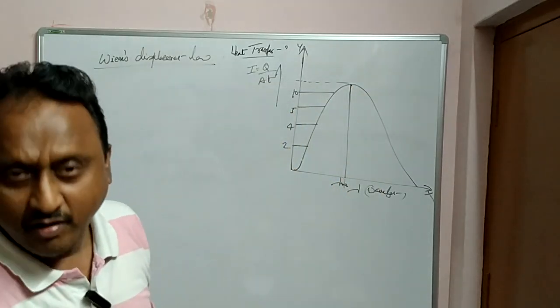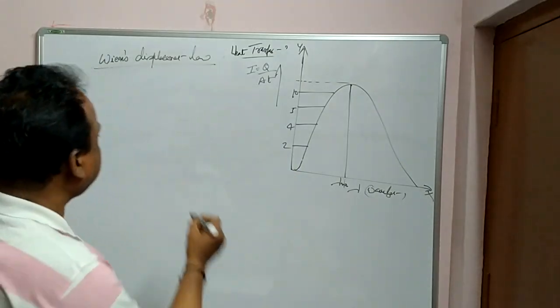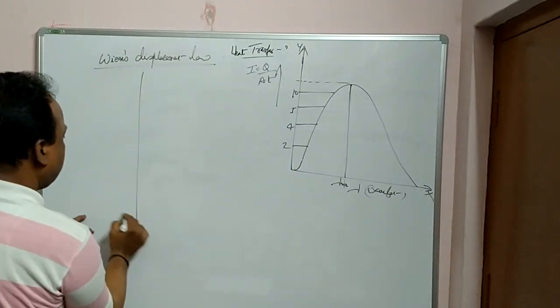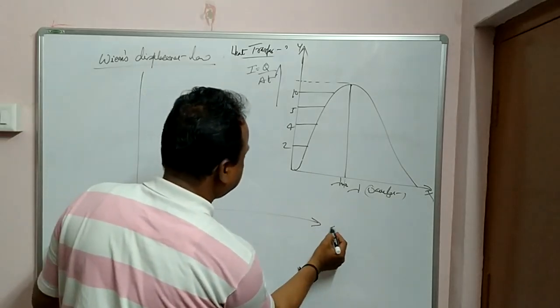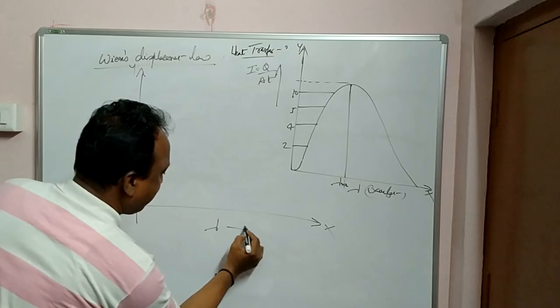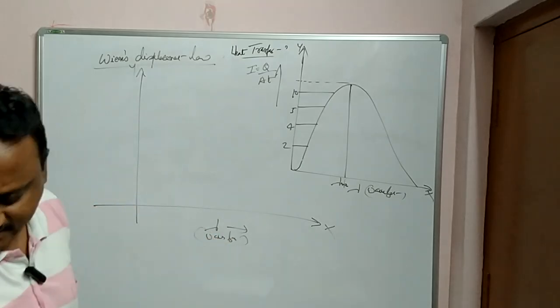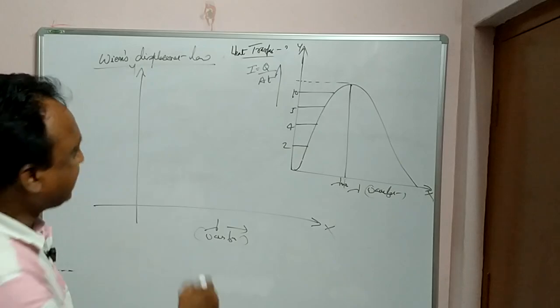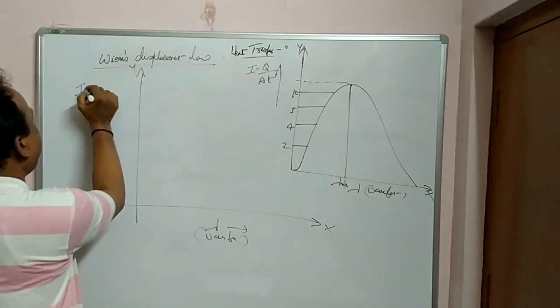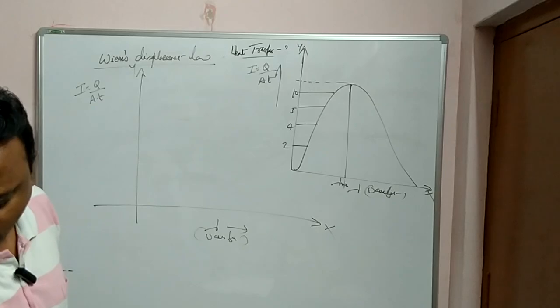So according to Wien's displacement law, what is he trying to tell? Let us see that. That means if lambda, wavelength, is taken on the x-axis and intensity on the y-axis, the graph goes like this.